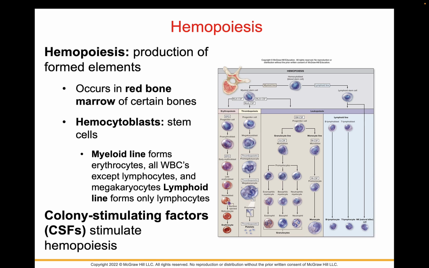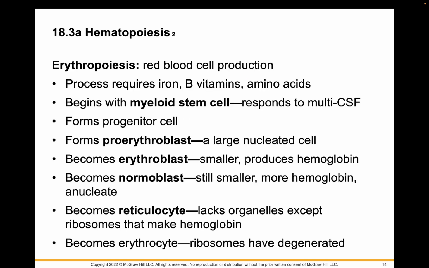A little bit later, we'll talk about things known as colony stimulating factors, and they are specific chemicals whose job it is to stimulate the process of hemopoiesis. Now, the next few slides are going into a lot more detail about the production of formed elements, and I'm going to point out a few things that I think are actually important.